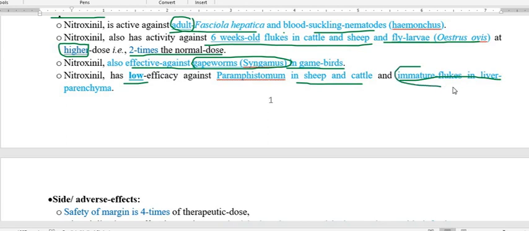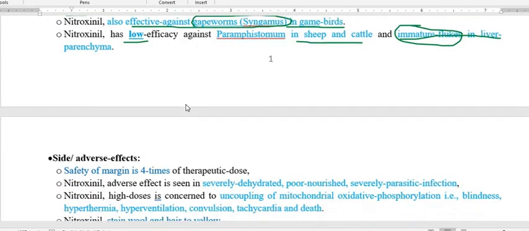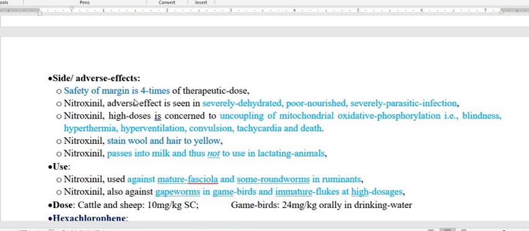For the immature fluke, 6 weeks old, we have to use a higher dose of nitroxynil. Regarding side effects of nitroxynil, the safety margin is about 4 times the therapeutic dose.